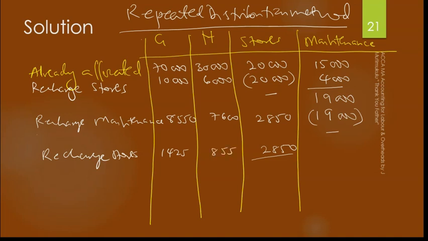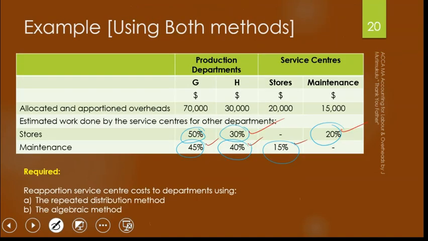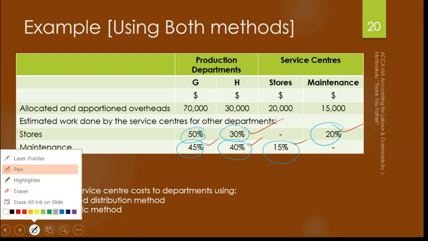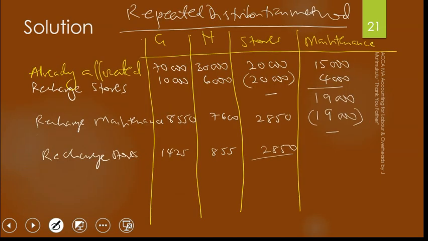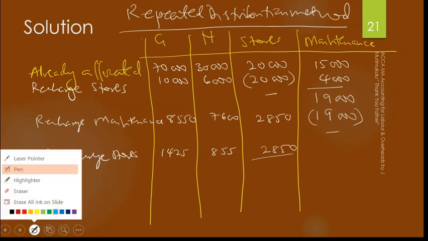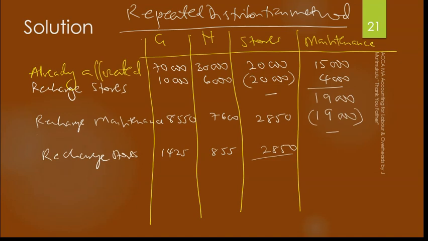Then 20% goes to the maintenance. So 20% of 2,850 should be 570.